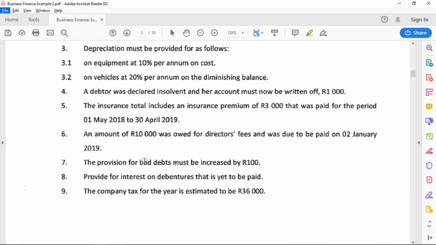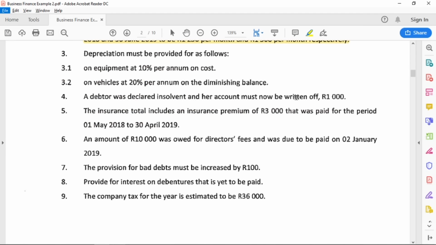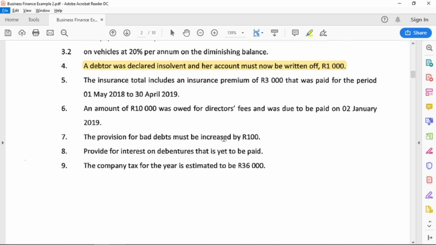But whenever our provision for bad debt increases, we take the bad debts that were given in our pre-adjustment trial balance of 12,000, and then we add the 1,000, the new bad debt that we are told here at number 4, and we have just done that in Excel just now. So let me highlight this. And then if our provision for bad debts has increased, we add that increase of 100 Rand. So we are told that the provision for bad debts must be increased by 100 Rand.